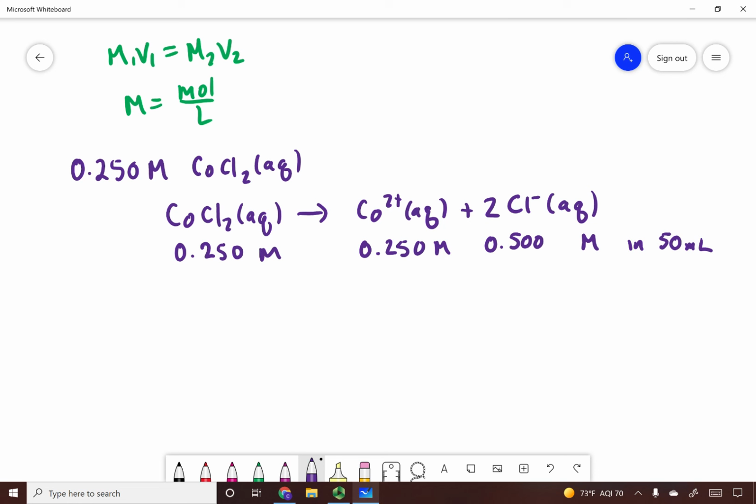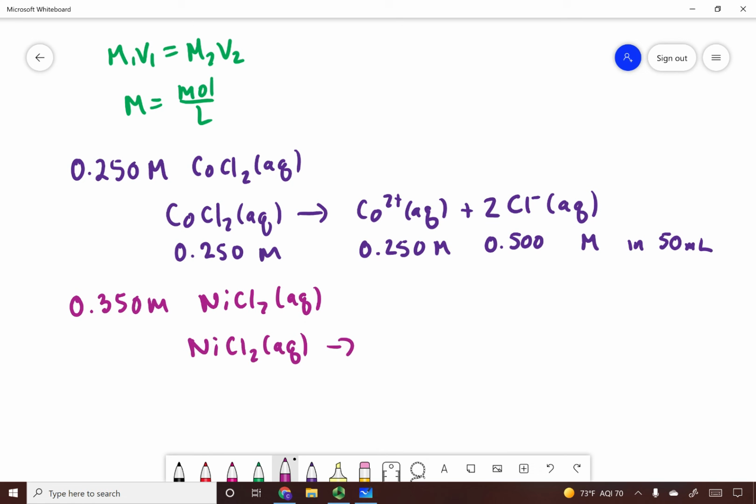All right, let's go ahead and treat our nickel solution in the same way. The bottle is labeled 0.350 molar nickel chloride that's aqueous. So again, we're going to do the same thing. Our nickel chloride aqueous doesn't exist in solution. What does exist in solution are nickel ions and our chloride ions, but again, remember, 2 are generated per nickel chloride.